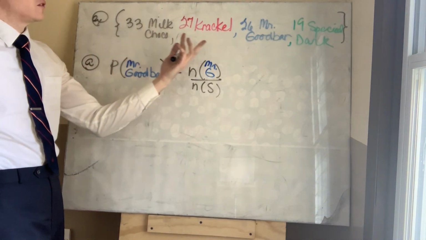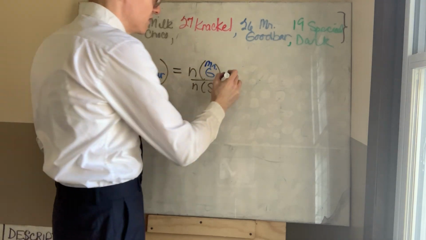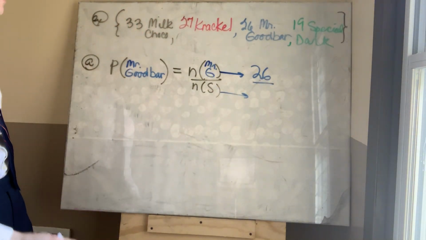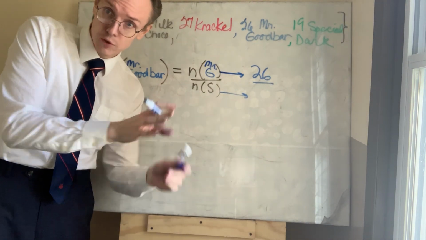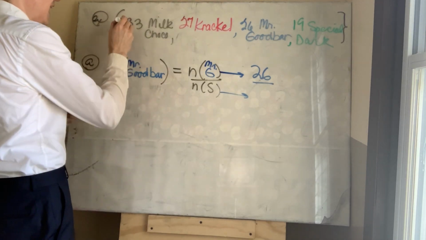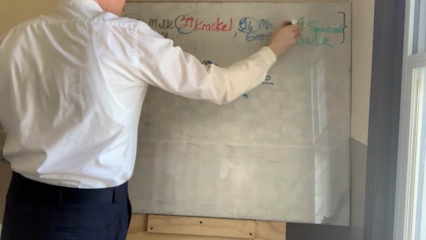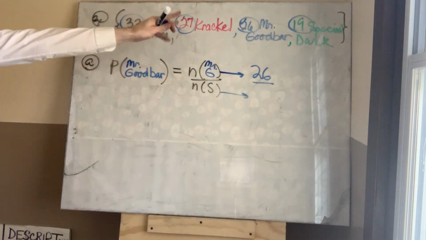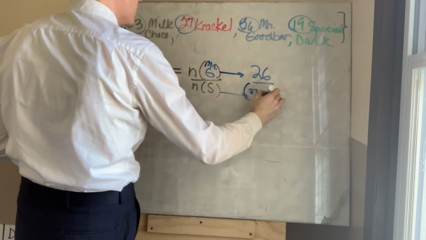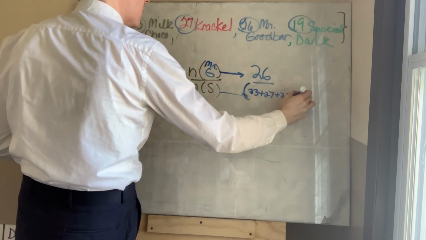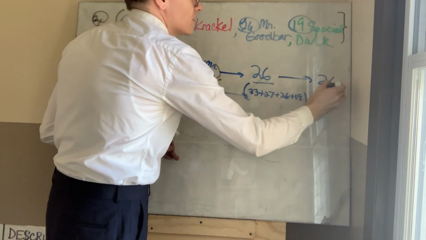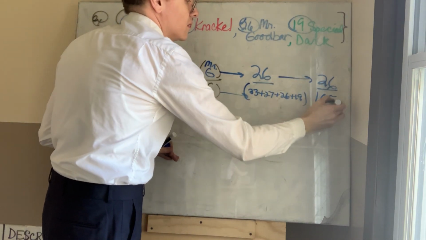Well, it would be 26 for the top of this fraction. But then we need to figure out the number in the set entirely of individual pieces. In which case, you're going to have to add all of these together: 33, 27, 26, and 19. That sum. Okay. And in that event, it would be 26 over 105.